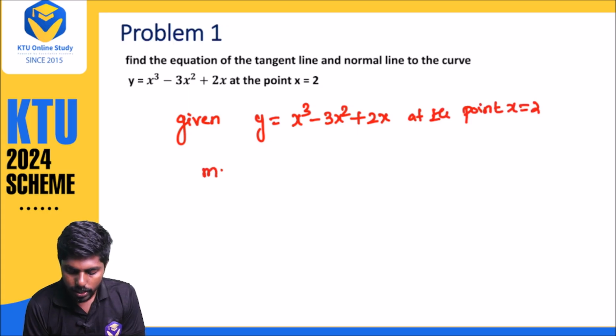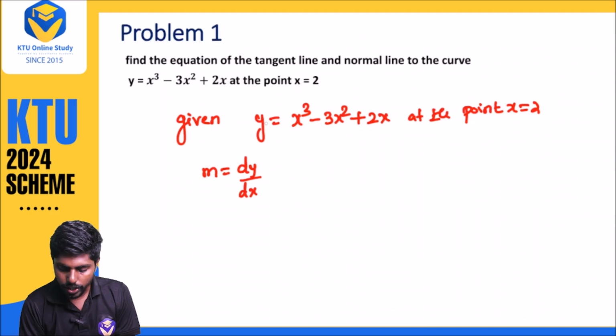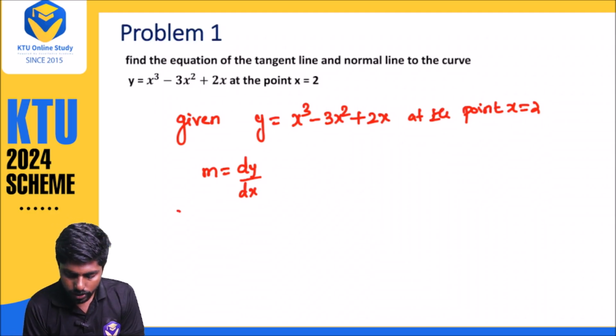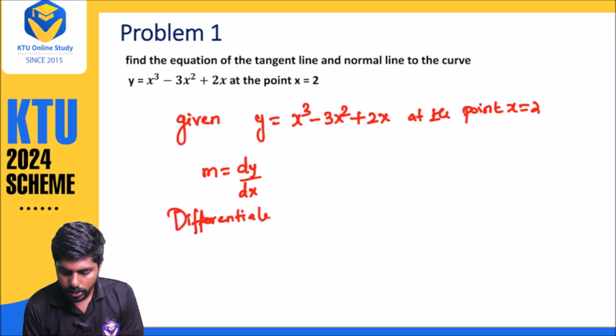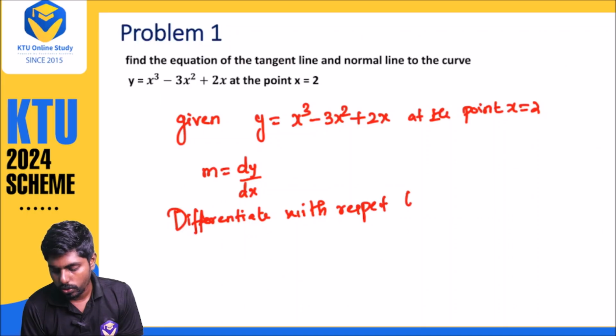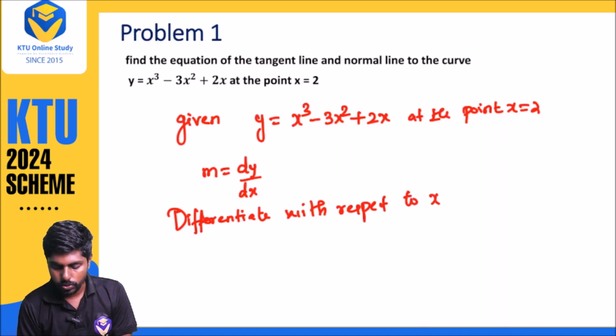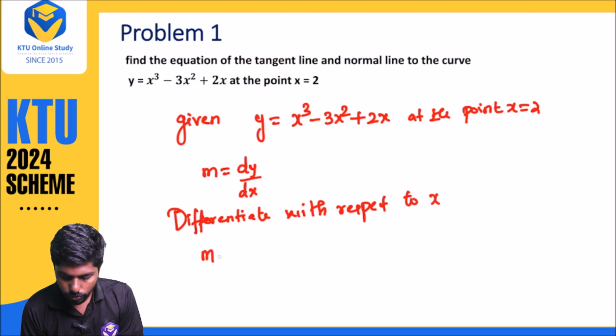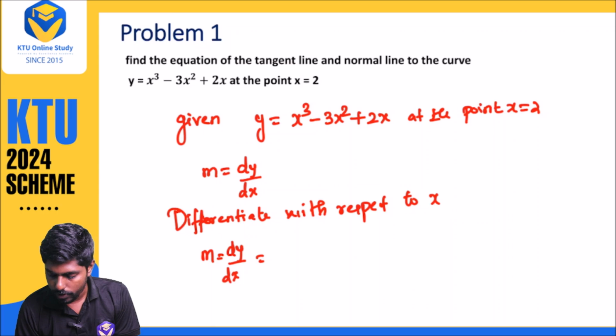So m is equal to dy by dx, which means you want to differentiate with respect to x. We know the formula: x power n, when differentiated, becomes n into x power n minus 1.